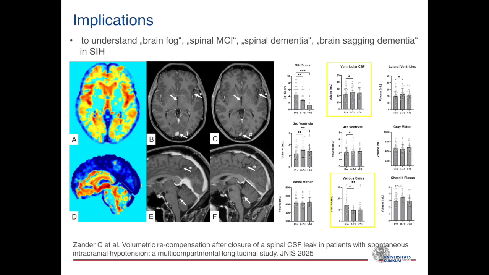So why is that interesting for us? Well, we want to understand the brain fog associated with SIH. Only a few patients really have spinal dementia and need help with activities of daily living. They are handicapped.